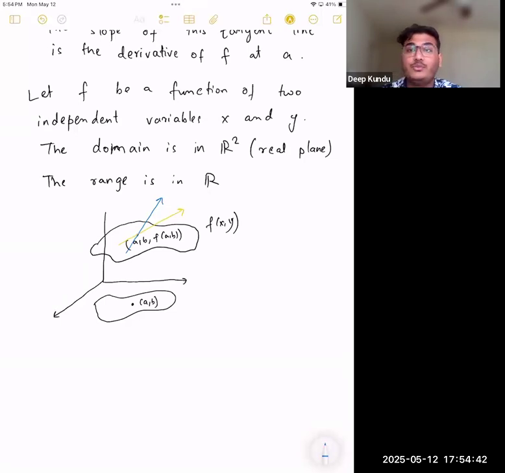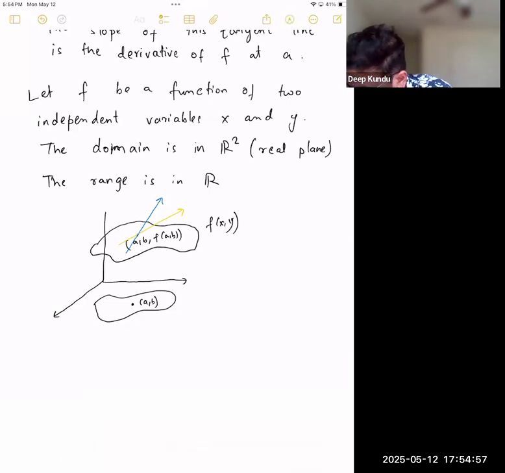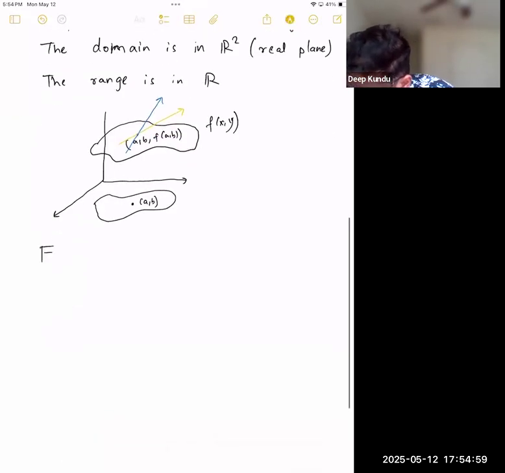And this is where we are going to fix two particular directions. So for partial derivatives, we are going to fix the x direction and the y direction.